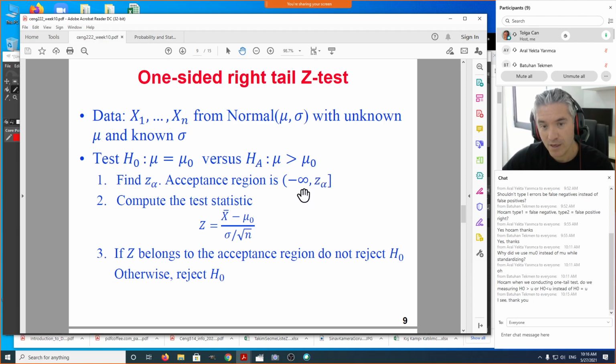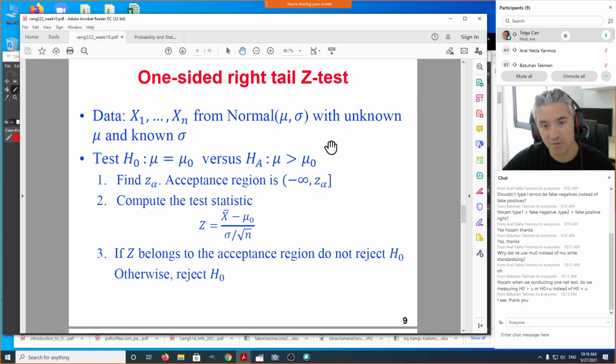Therefore, any small value of z is not an abnormal case for us when the alternative is looking for large values of our sample. So when the alternative is that the mean is actually larger than this mu zero.